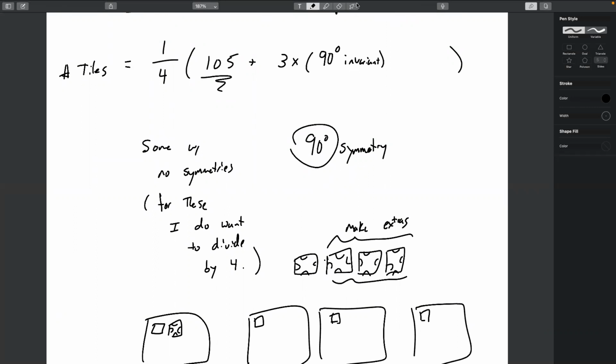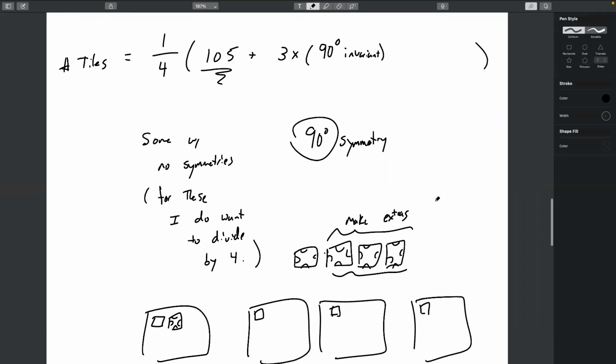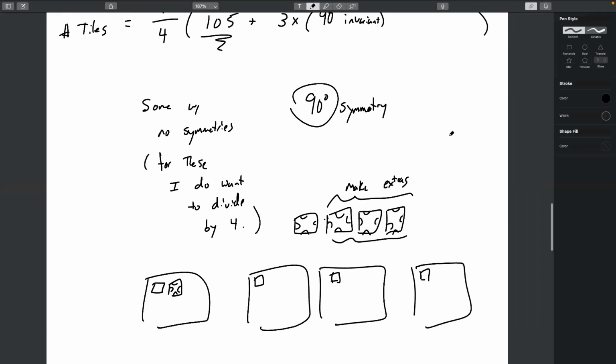Okay? And then there's another type. If I rotate something 90 degrees and it stays the same, then if I rotate it 90 degrees again, it's also going to stay the same. So 90 and 90, that's 180. So everything that has 90-degree symmetry has 180-degree symmetry, but not everything that has 180-degree symmetry has 90-degree symmetry, right?